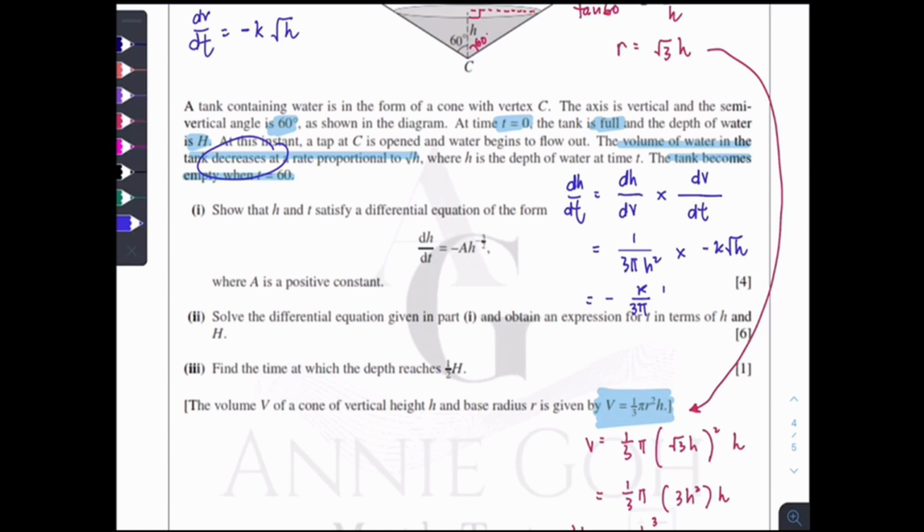As for the h, this is h power half, this is h power 2, and it's divided here. So half minus 2 should be negative 3/2. You notice that h power negative 3/2 here is the same. We just need to change the k over 3 pi into the a. Then part 1 can be easily proved.